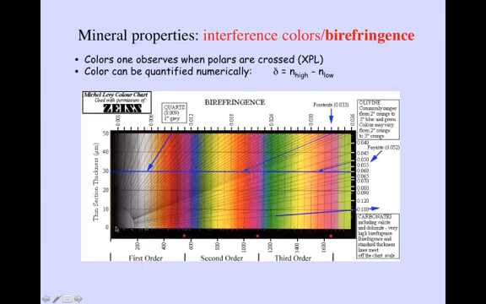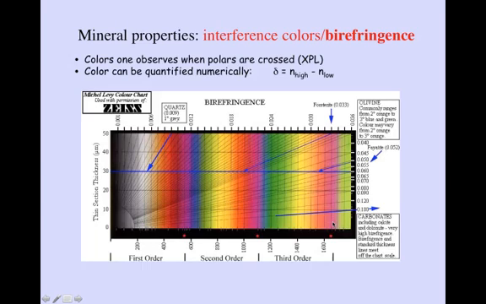First order goes from black or dark gray to first order red, and then in the second order you move from violets, blues, greens, yellow, orange, reds, and then the same pattern of violets, blues, greens, yellow, orange, red in the third order.